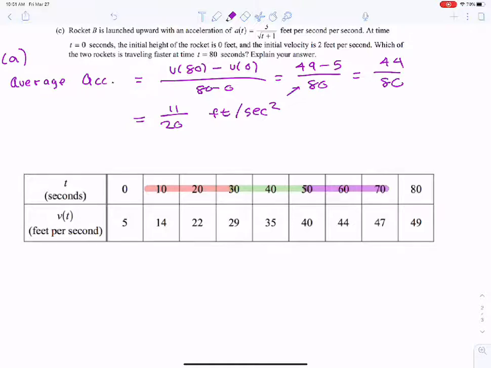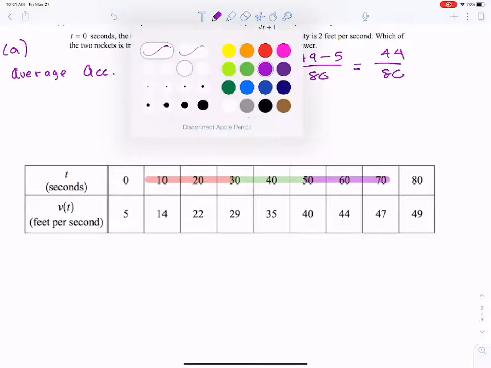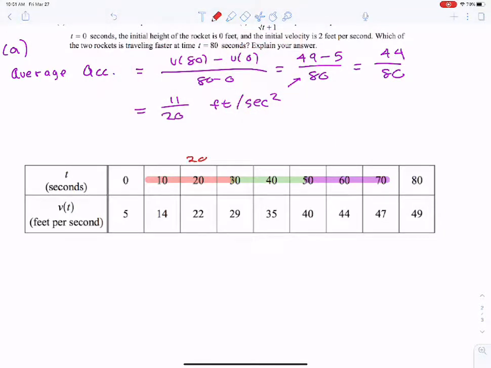It's sometimes a little bit easier to look at it graphically, but I'm being a little lazy by not looking at it graphically. Okay, notice each of these bases: the red base goes from 10 to 30, so it's got a base of 20. The green one's got a base of 20, and the last one's got a base of 20, which again, they said they want all the bases to be the same.